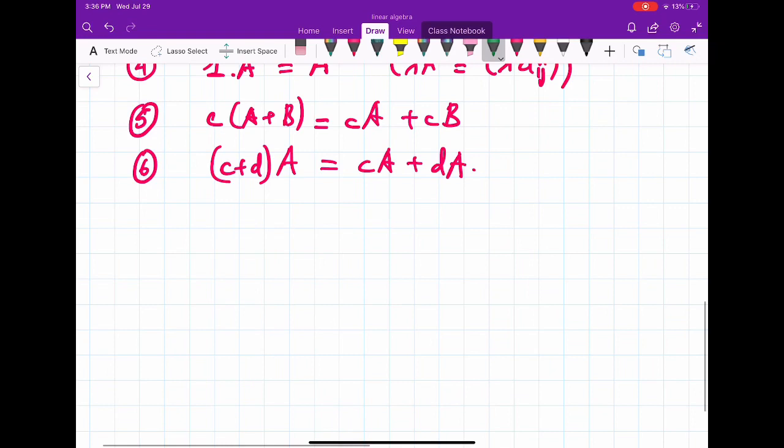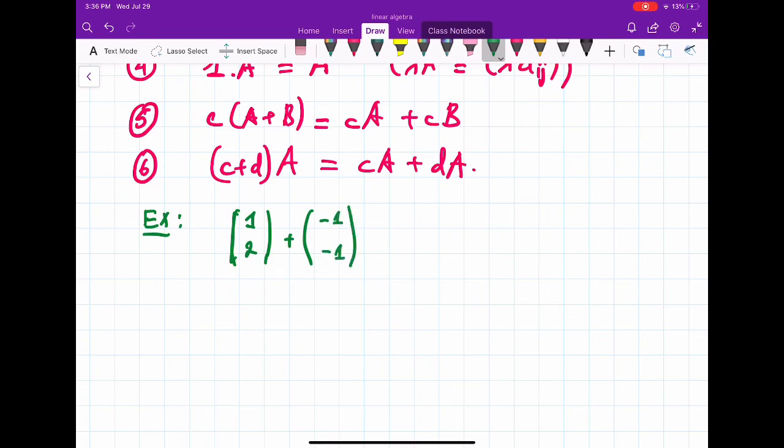Let's consider the following example. So you have (1, 2) plus (negative 1, 0) plus (0, 1). So, you can add the first two matrices. In this case, we have vectors, right? So this is 2 by 1, this is 2 by 1, and this is also 2 by 1.